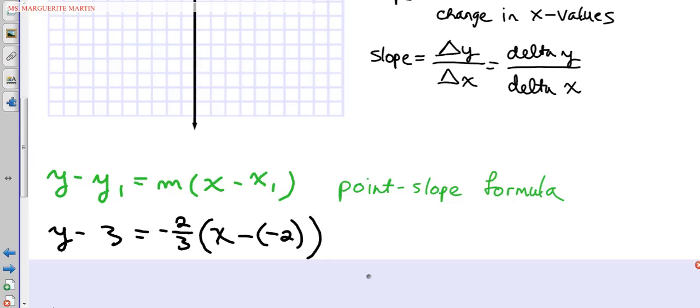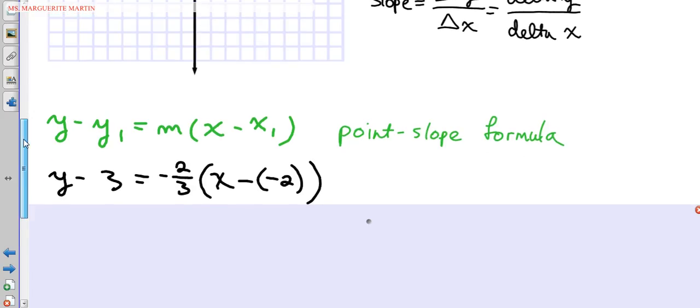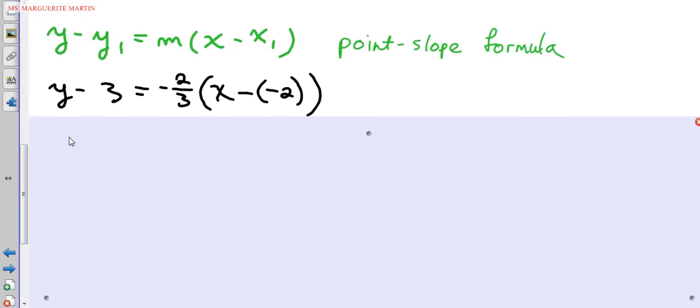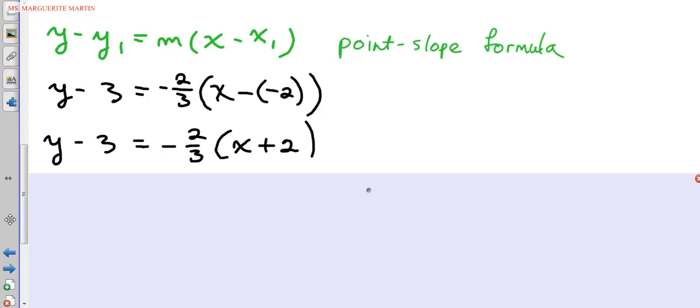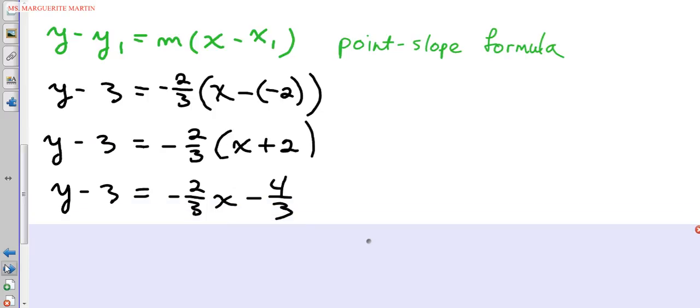But the directions specifically said that we need to write the answer in slope-intercept form. So we need to get y by itself. So we'll do our algebra. First, x minus a negative 2 is x plus 2. Then I'm going to distribute the negative 2/3 on the right side of the equation, and I get y minus 3 equals negative 2/3 x minus 4/3.